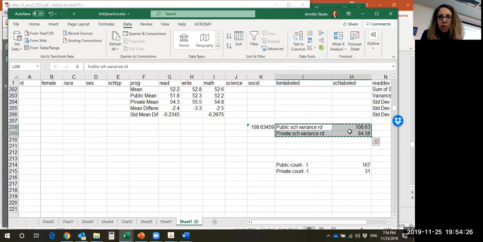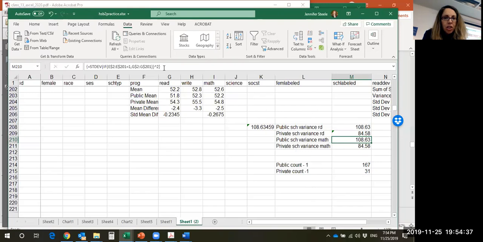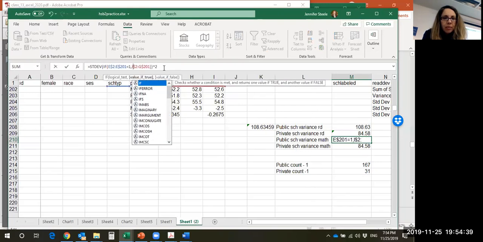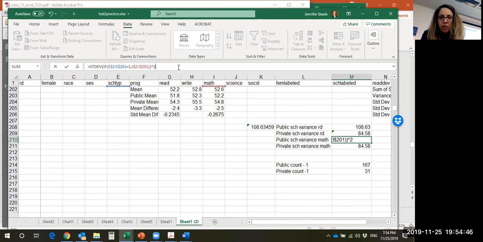So copy, and this is going to be math. And instead of the G's, it's going to be the I's. It's going to be Control, Shift, Enter. Okay.